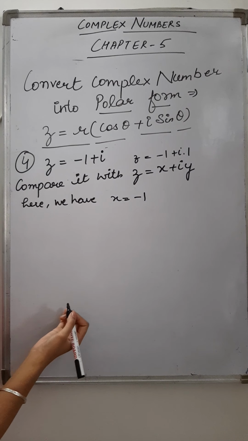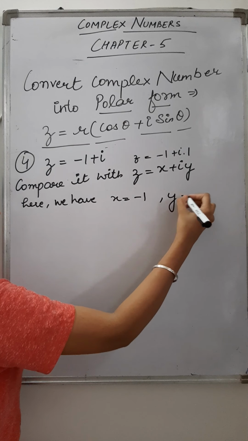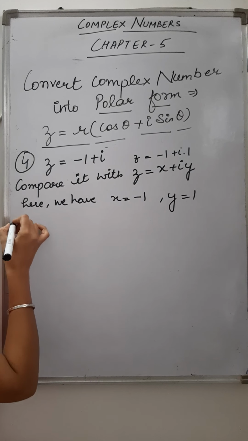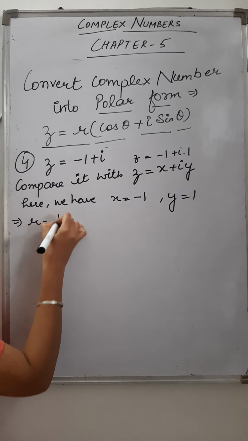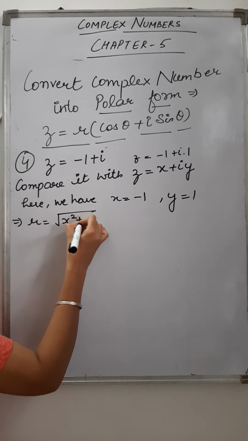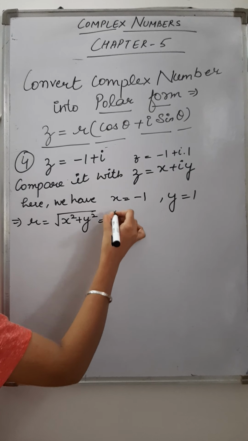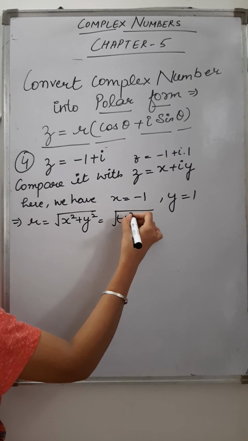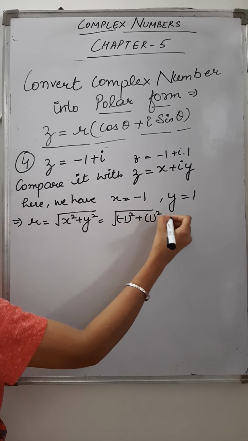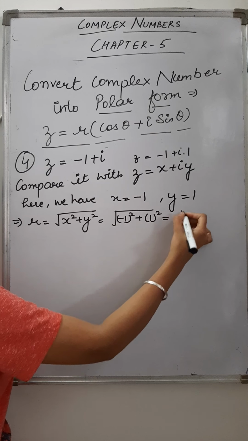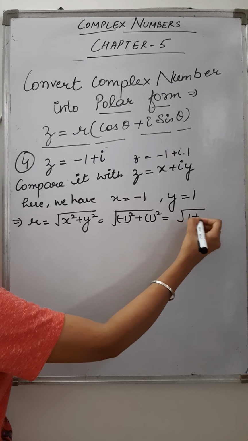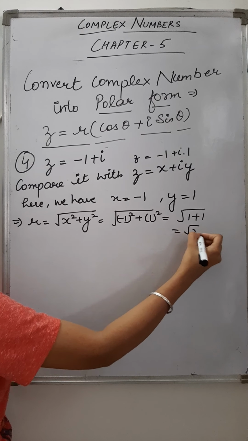So y is 1. This implies r is equal to under the root of x square plus y square, which is minus 1 square plus 1 square. Minus 1 square is 1 and 1 square is 1. So 1 plus 1 is 2, under root 2.